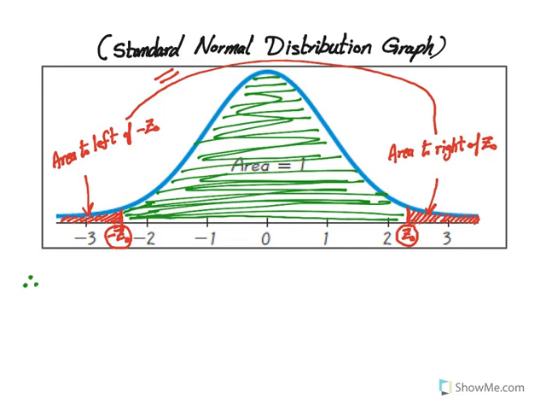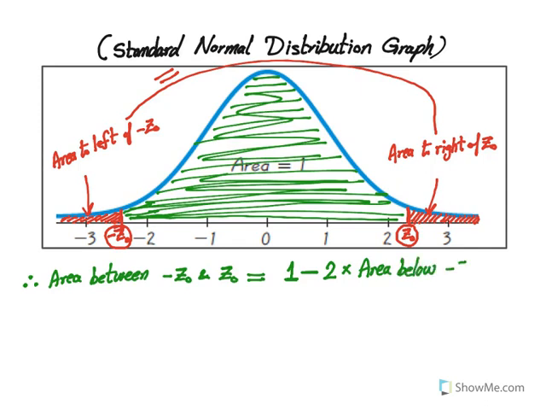I will say, therefore, the area between negative Z0 and Z0 is equal to the total area, the total area is 1 under the curve, minus the red areas. But because they're equal, I can say minus twice, or 2 times, the area below negative Z0.